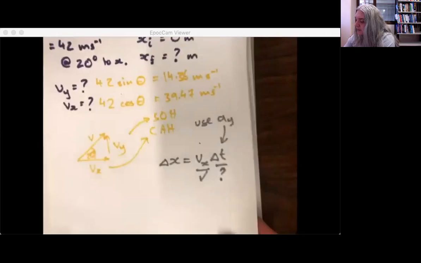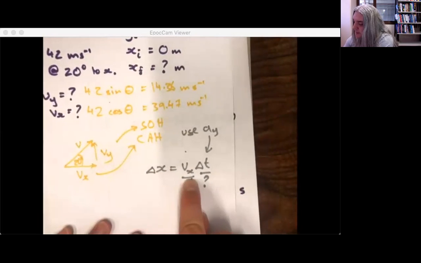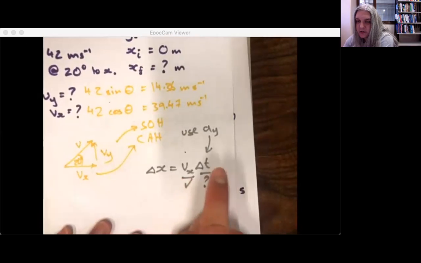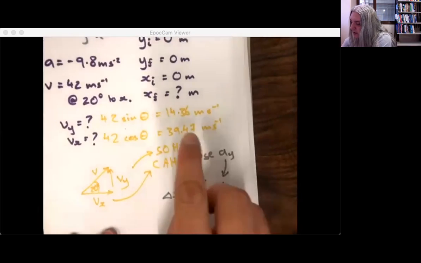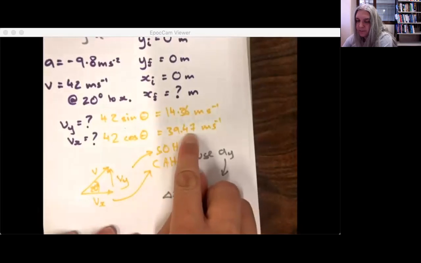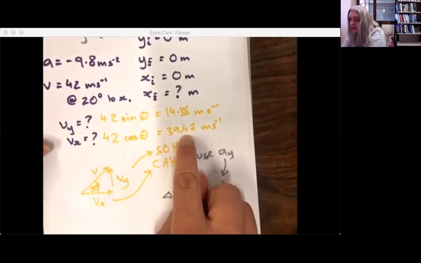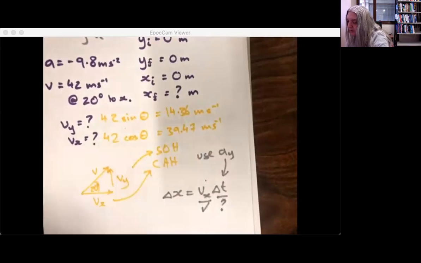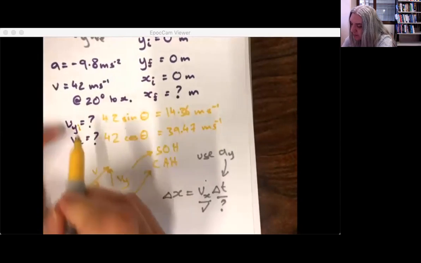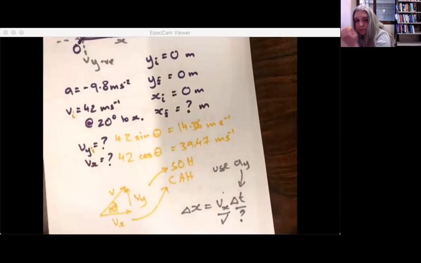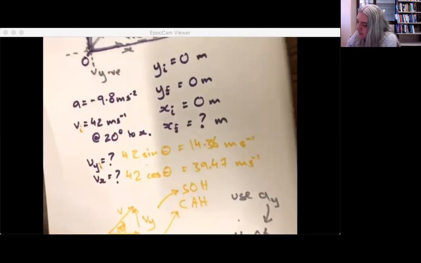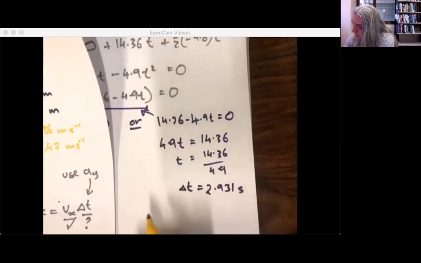We already said that our horizontal position is given by the velocity in the horizontal direction times delta t. Remember, the horizontal velocity is not changing, so we don't need to worry about saying initial or not. We've got 39.47 constantly.